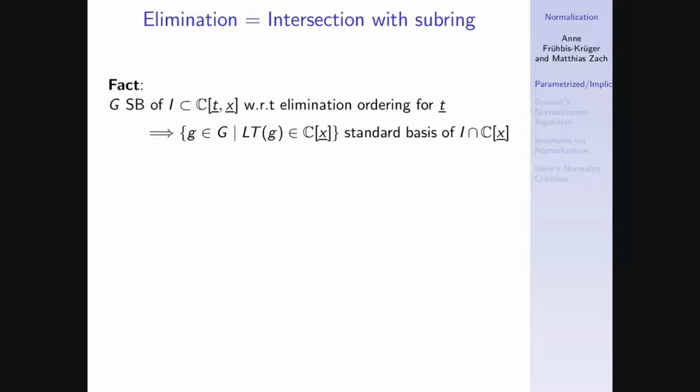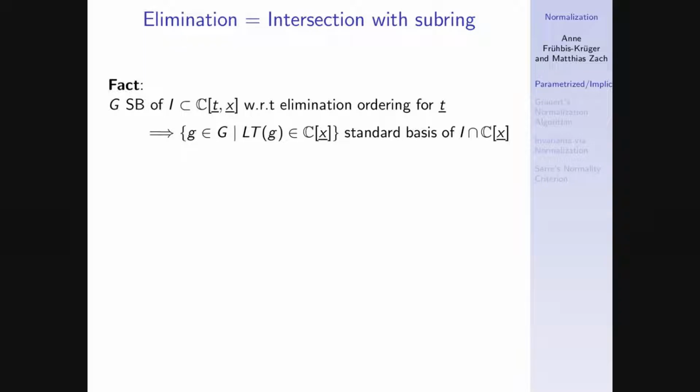And then we can just pick from the standard basis those elements where the leading term does not contain our variables t that we wanted to eliminate, and we already have a standard basis of the ideal intersected with a subring in the remaining variables.